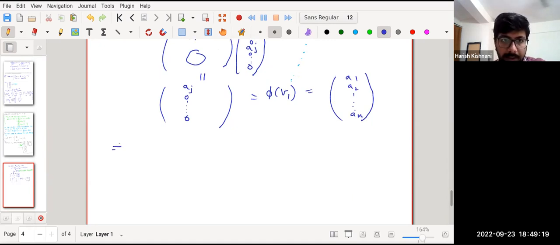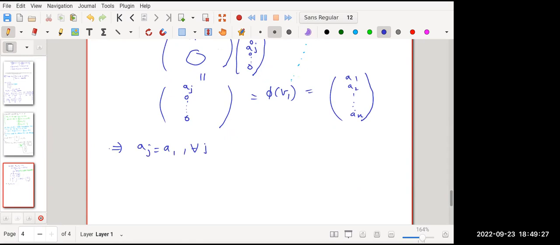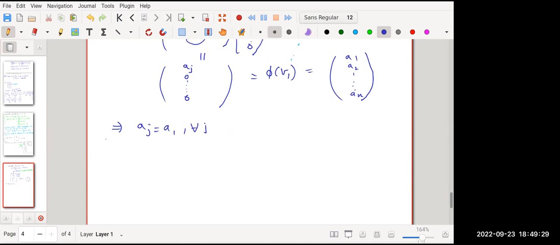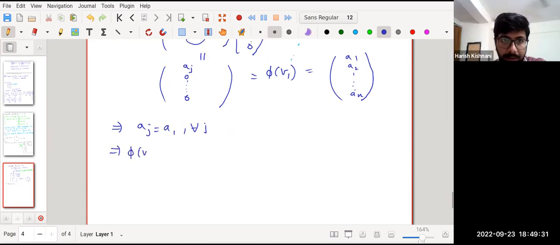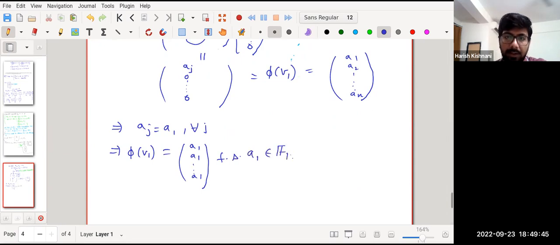This implies aj is a1 for all j, because your j was arbitrary, right? So your phi of v1 now is a1, a1, ..., a1 for some a1 belonging to F_11.